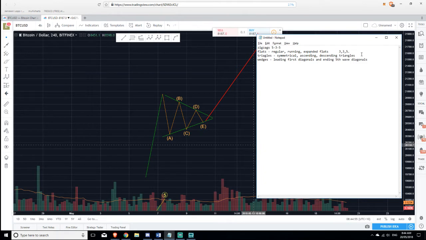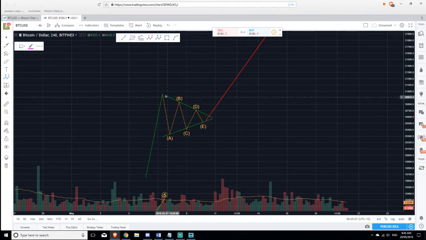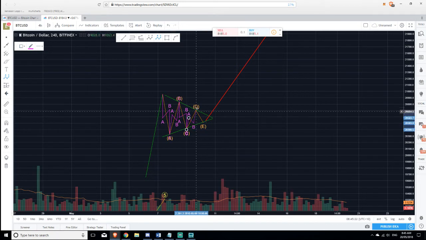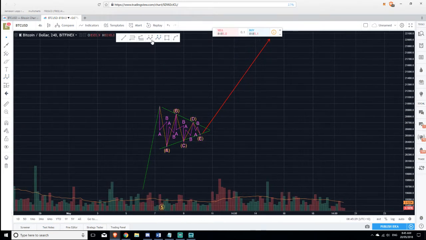Okay, so triangles, 3, 3, 3, 3, 3. And obviously these triangles can take part in a lot of different forms, so just so I can quickly annotate it, A, B, C, A, B, C, A, B, C, finally an A, B, C, and once you're done with that, you'll begin your first wave, your first impulsive move up.